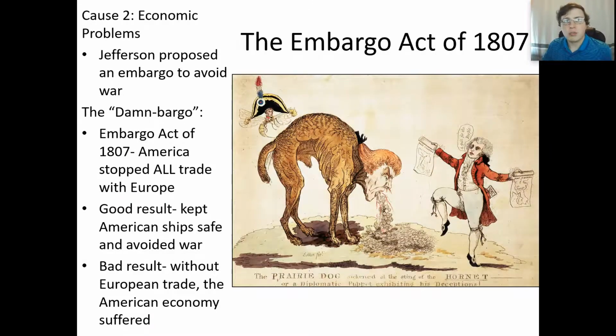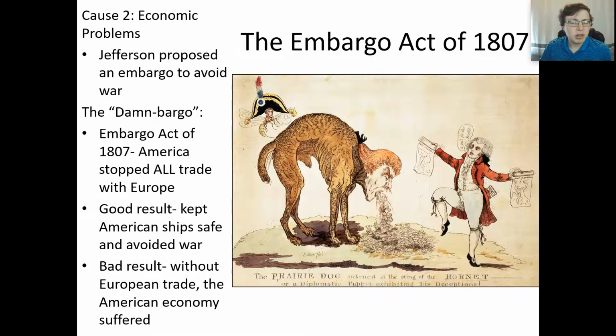The second cause of the war is going to be the economic problems that are going to happen during this time period. Thomas Jefferson, who was president at the time, is going to propose something known as the Embargo of 1807, and he does this to avoid war. It's going to have a special term around the world, where it will be known as the Dambargo, because it would stop trade to all European countries at this time.